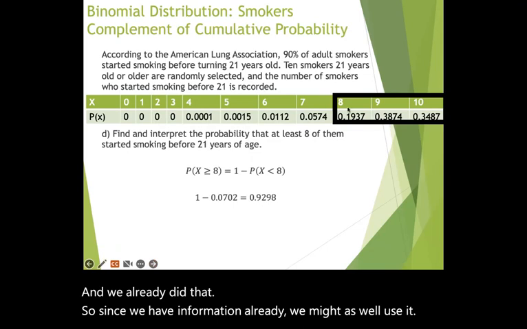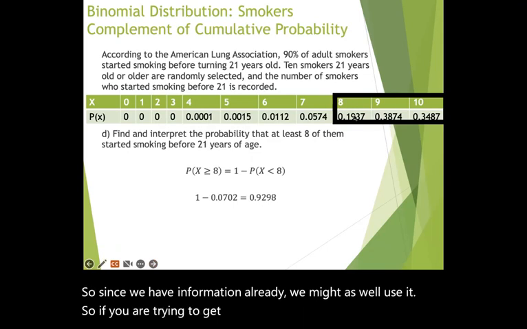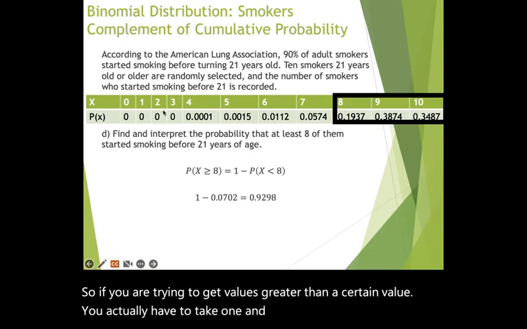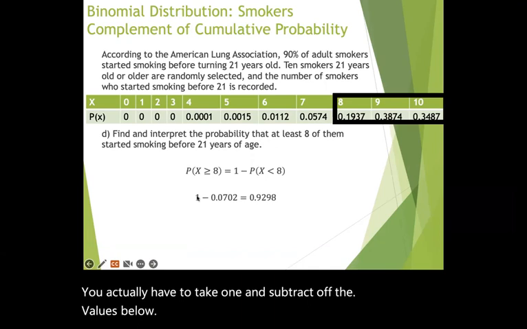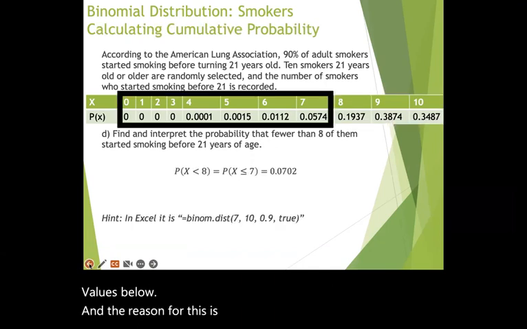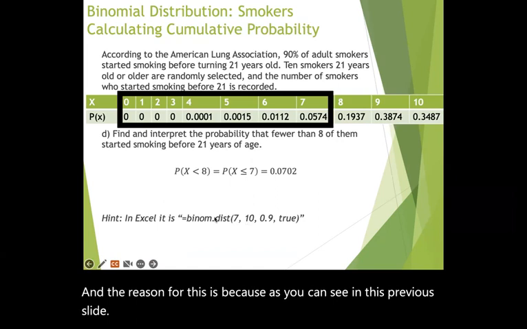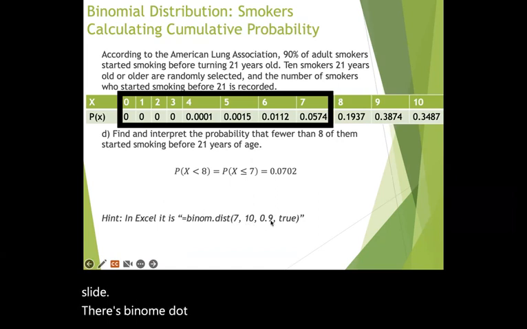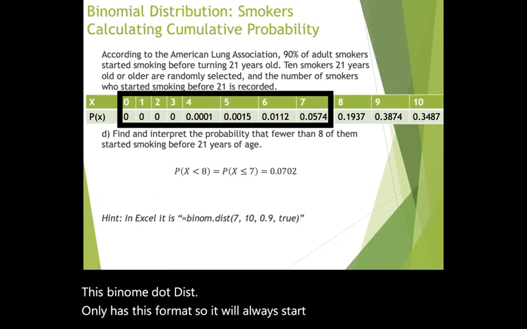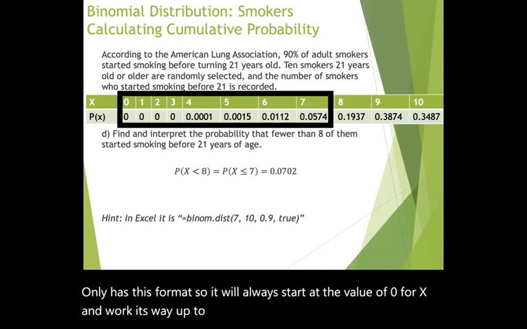So if you are trying to get values greater than a certain value, you actually have to take 1 and subtract off the values below. And the reason for this is because, as you can see in this previous slide, this binom.dist command only has this format. So it will always start at the value of 0 for x and work its way up to the value you list in this first spot.